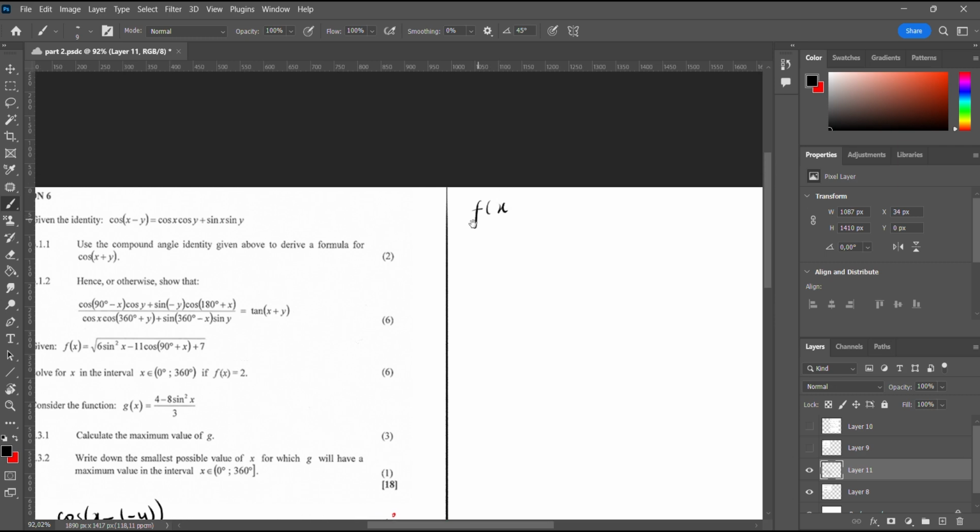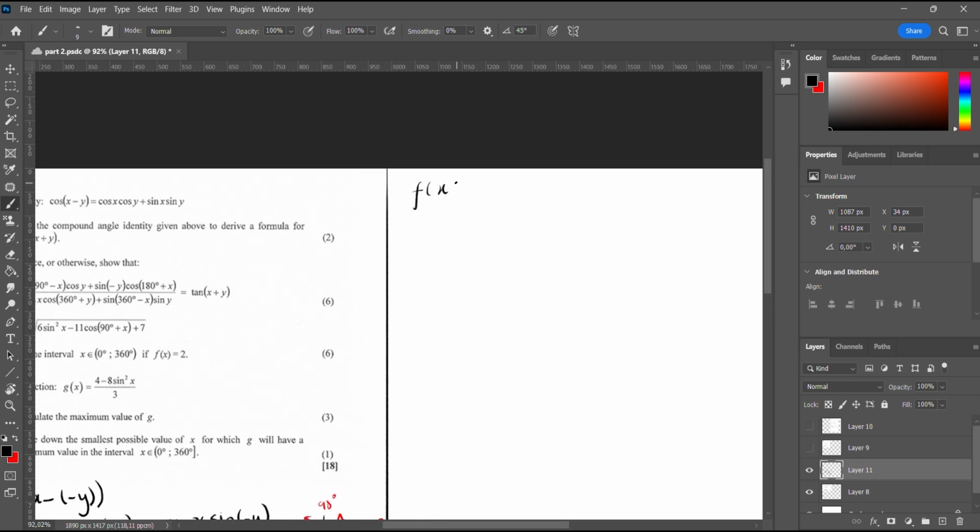So f(x) equals the root of 6 sine squared x minus 11 cos(90 degrees plus x) plus 7.